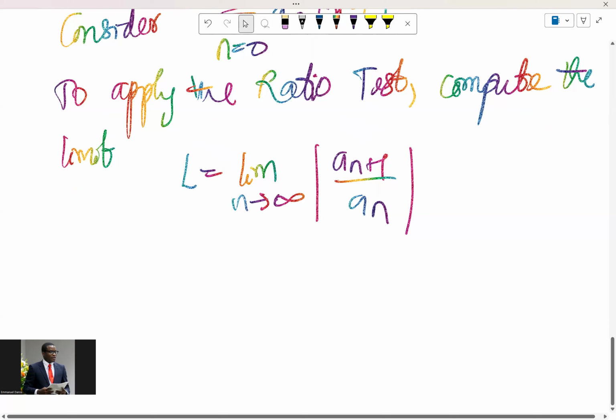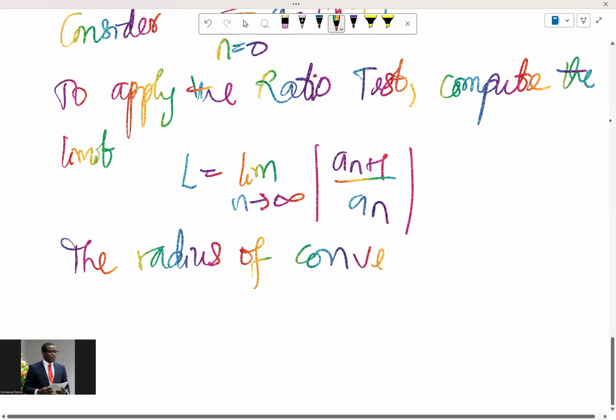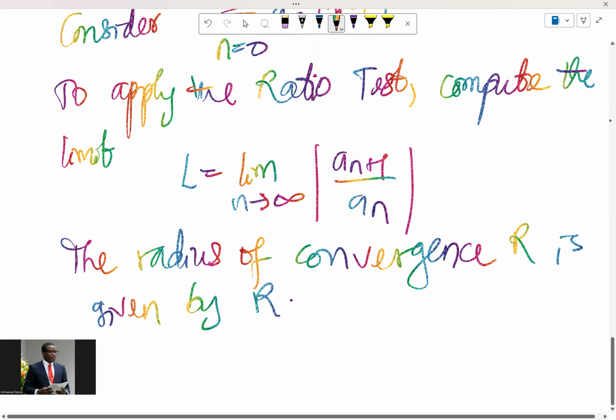So we can now say the radius of convergence R is given by R equals 1 over the limit. That's the radius of convergence.